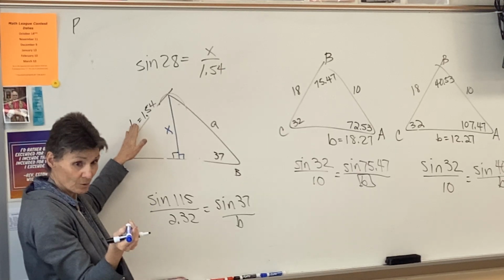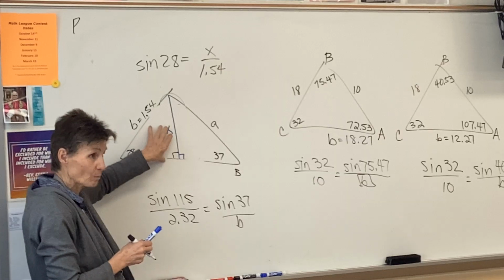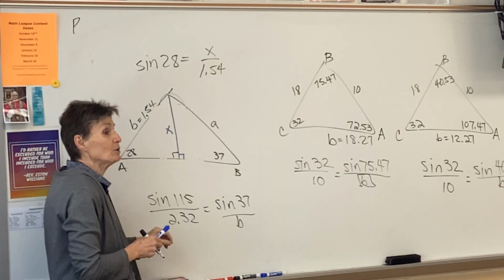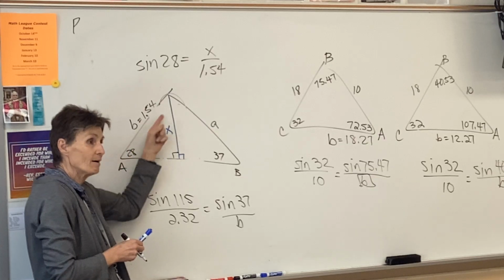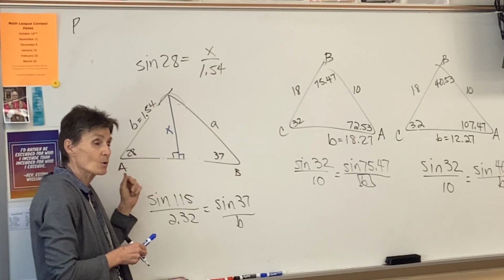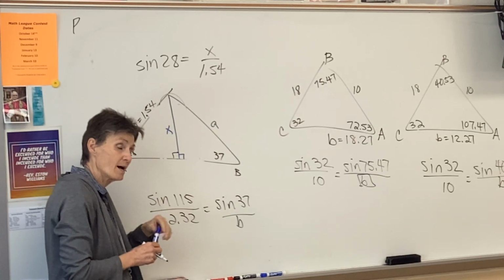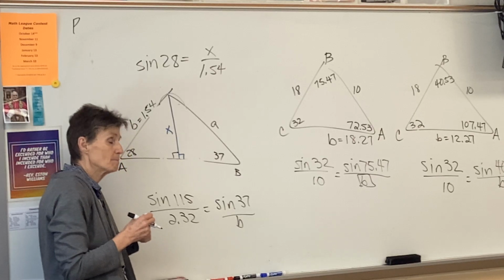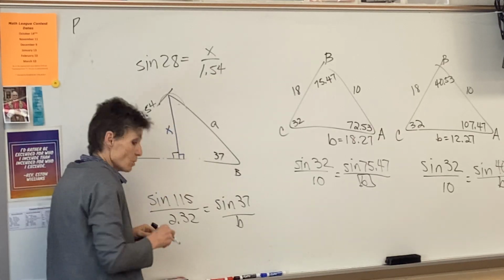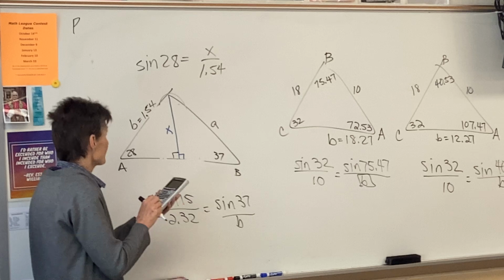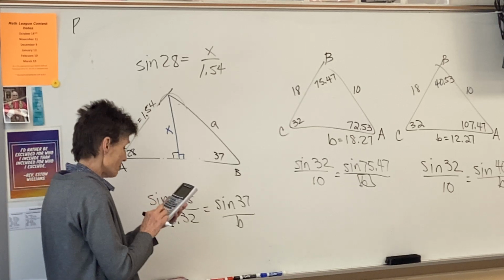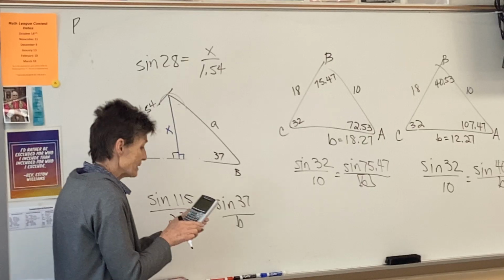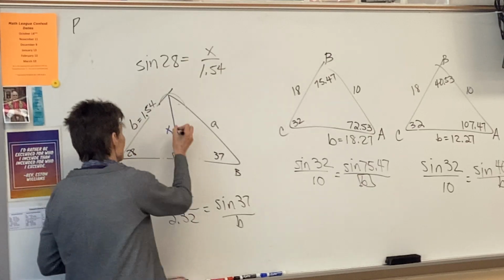Remember, you can only do that in a right triangle, and that is a right triangle. Why couldn't I do it right from the start? Because I didn't have the side. So I had to first do the law of sines to get the side. And then I'll solve that. 1.54 times sine 28. 0.72.